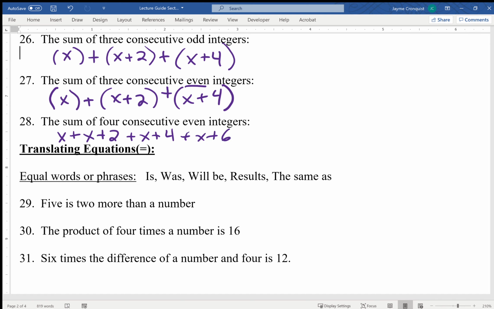Now notice you could simplify this into 1, 2, 3, 4 x's, 2, and 4 and 6 is 10 and 2 is 12. Okay.